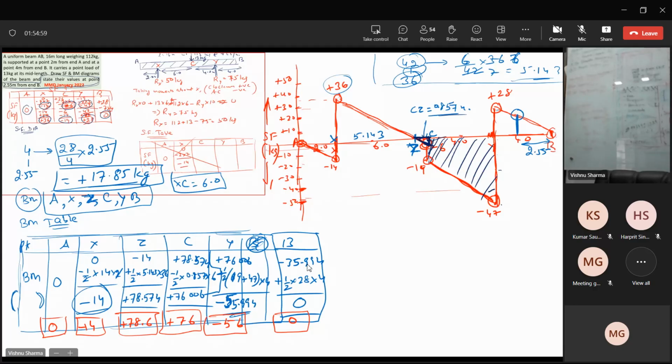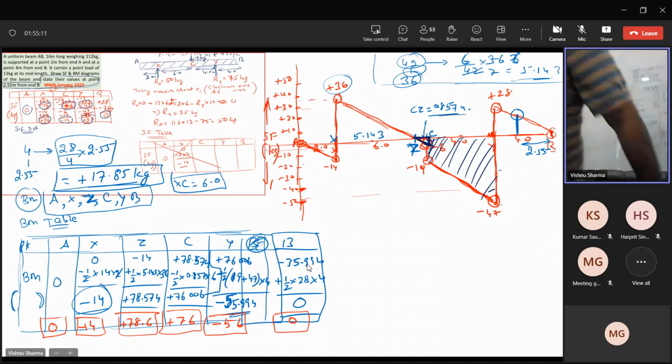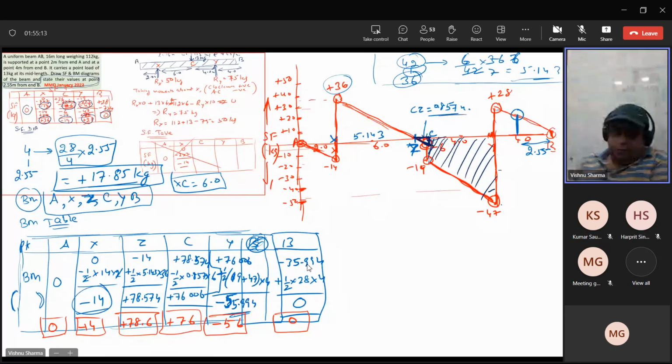Done, sir. Okay. Now please make your BM diagram, all of you. I'll make mine. And if there is a problem, then we deal with it.